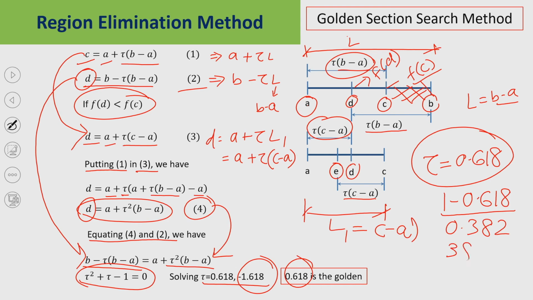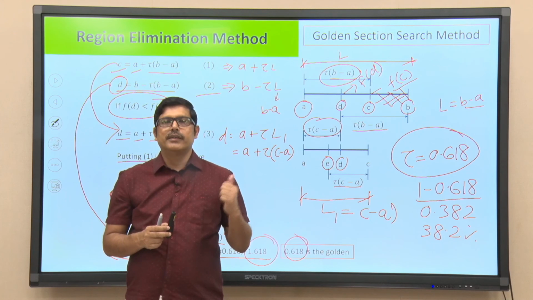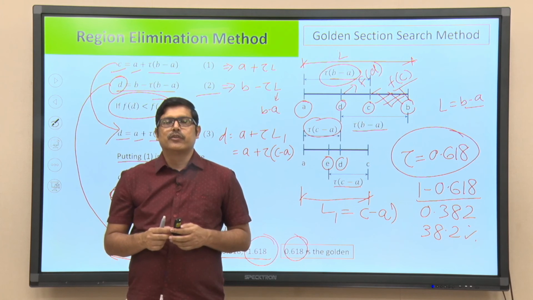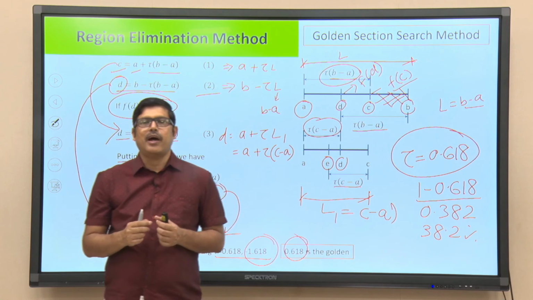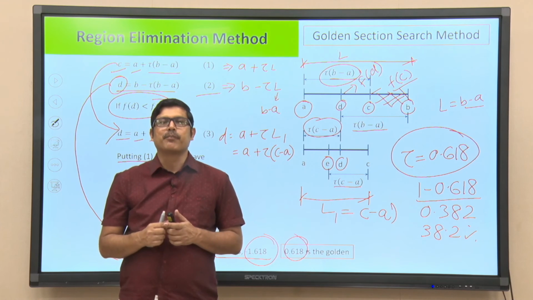So, that means every iteration I can eliminate 38.2% of the area. So, now if I consider this golden section method, so every iteration I am eliminating 38.2% of the region. Okay. So, that much region I am eliminating in every iteration.